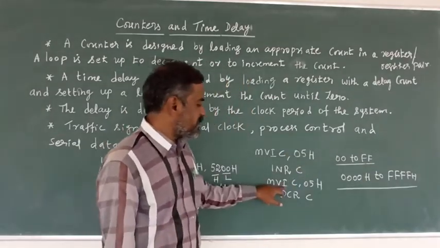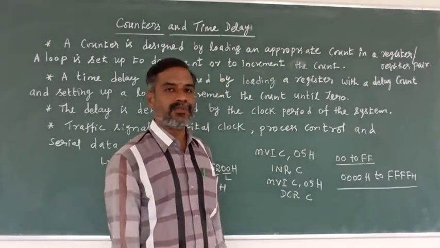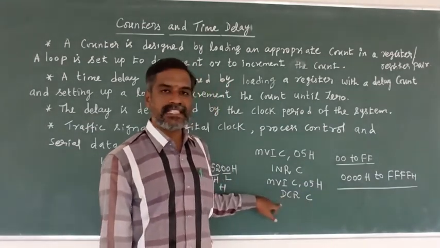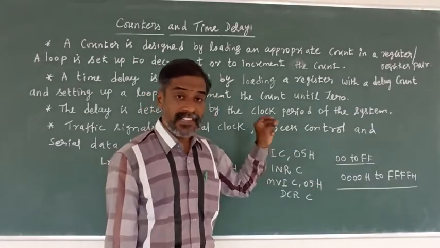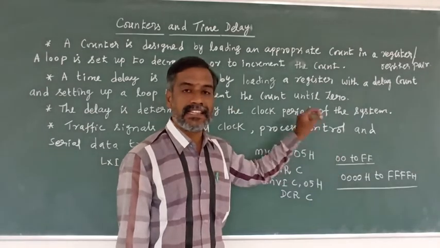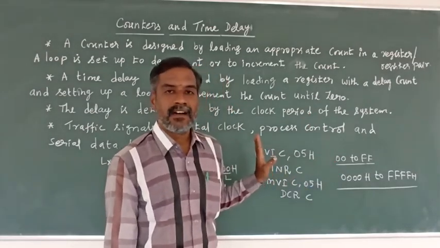Or MVI C,05. Now to decrement the value, for that we can use DCR C. It will decrement from 05 to 00 within microseconds, so within microseconds we can only view the final data.